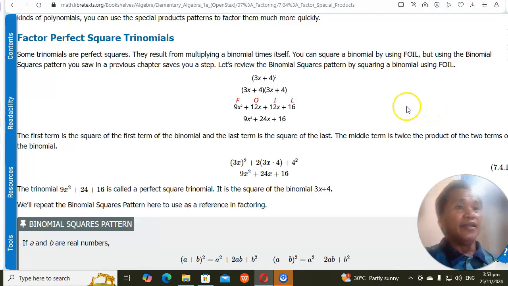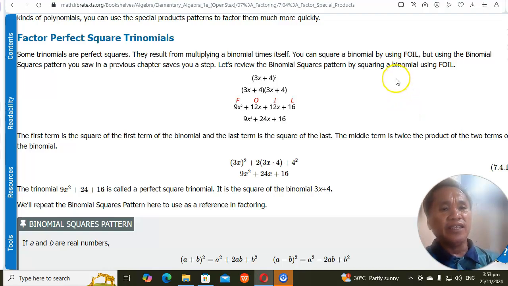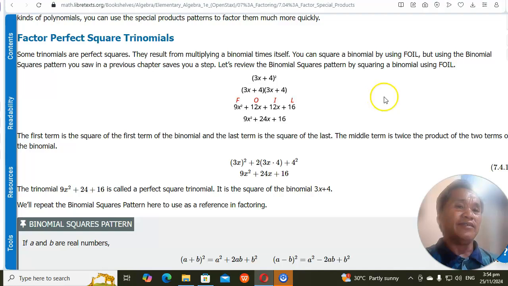Okay. A minus b times a minus b will also result in a perfect square trinomial. So as you have here, 3x plus 4.